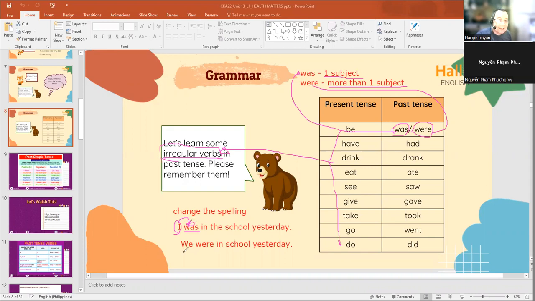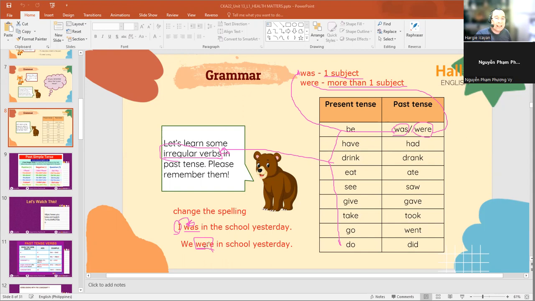Okay? But in sentence number 2, can you read sentence number 2, V? We were in school yesterday. Yes. So what is the be verb that we use in here? It's were.